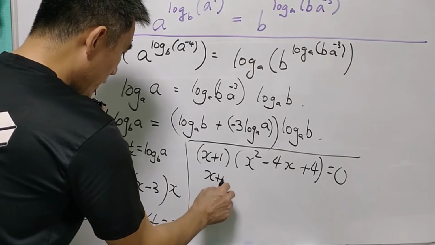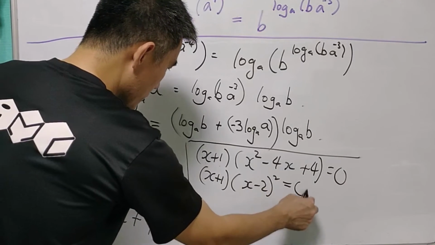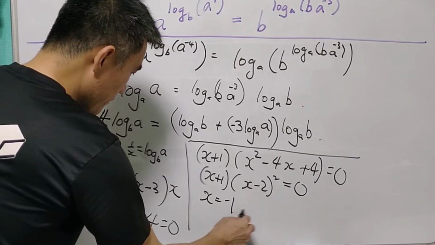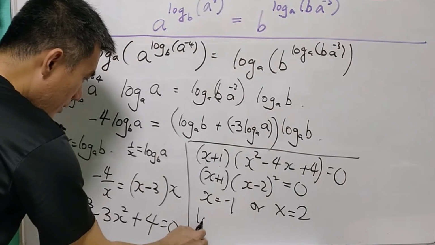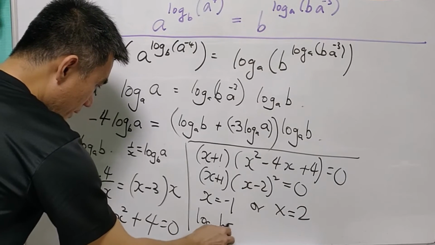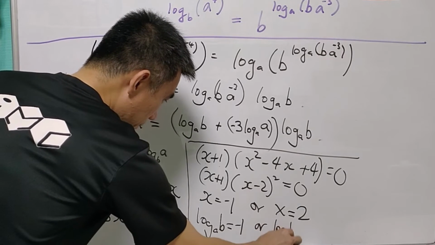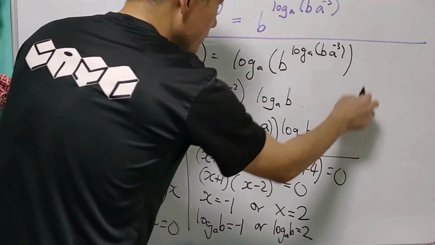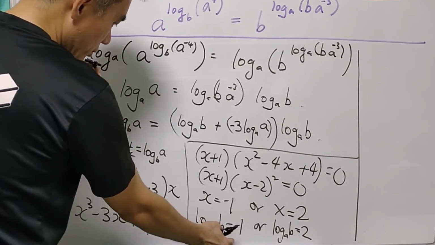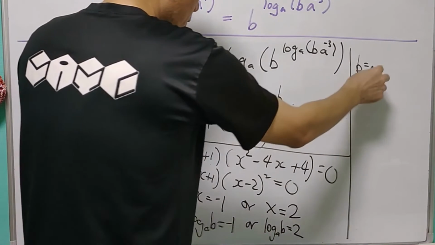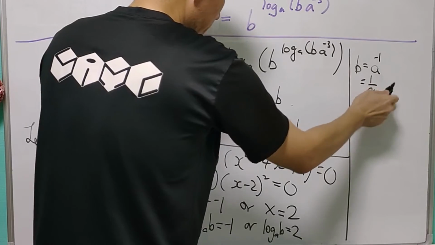So x plus 1, times x minus 2 squared, equals 0. So x equals -1 or x equals 2. Log_a b equals -1 or log_a b equals 2. If log_a b equals -1, meaning that b equals a to the power of -1, and this is 1 over a.